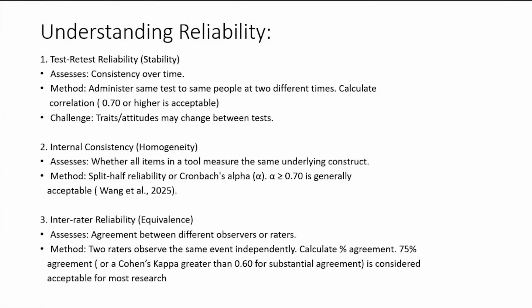The other one, test and retest, is about stability. But here, internal consistency is homogeneity: how homogeneous, how consistent the items are within the tool for the data collection. So that is what internal consistency tends to establish.